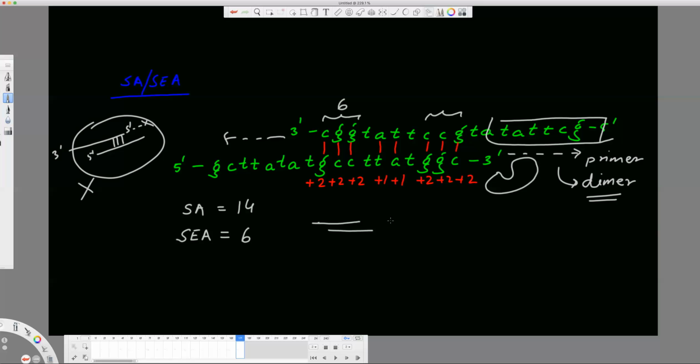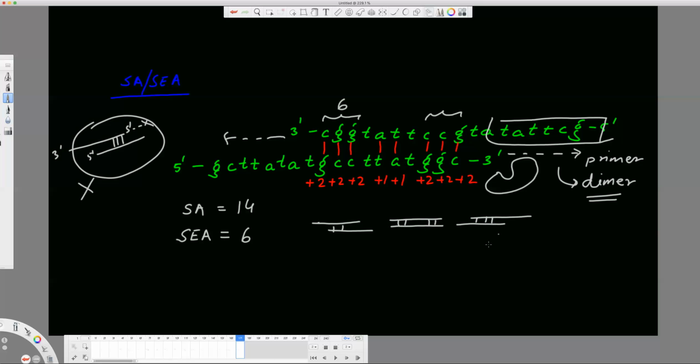And then you can have all possible orientations where the primers are hybridized in different ways. You will slide these 2 primers over each other through their lengths, so throughout the length of the primer, you can have different combinations. So you will get different combinations like this.